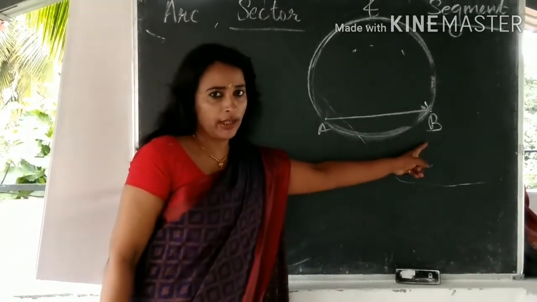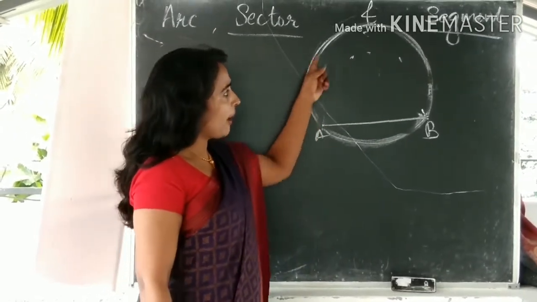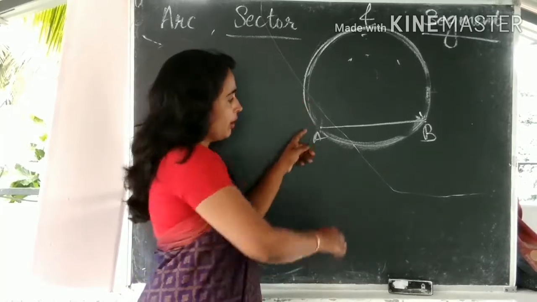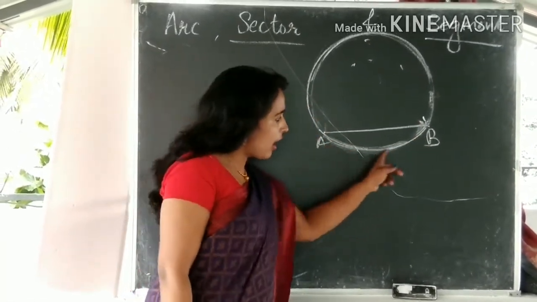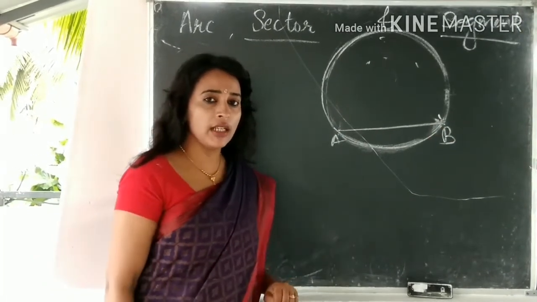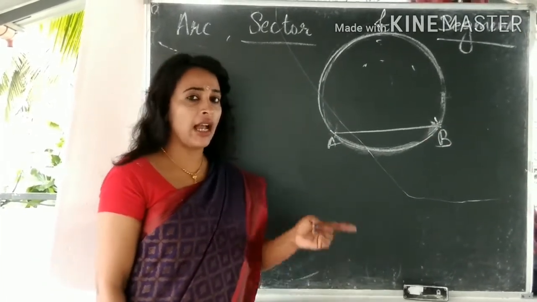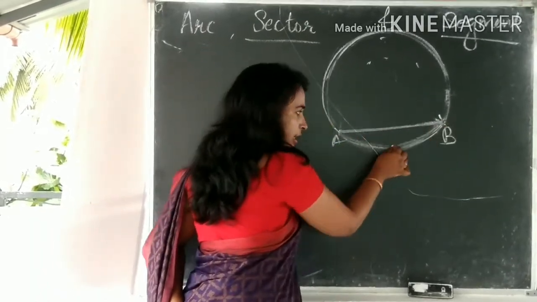A chord AB. So now I am going to consider the part of the circle bounded by the arc and the chord. Okay, the part of the circle bounded by the arc and the chord. So here is the chord and here is the arc.